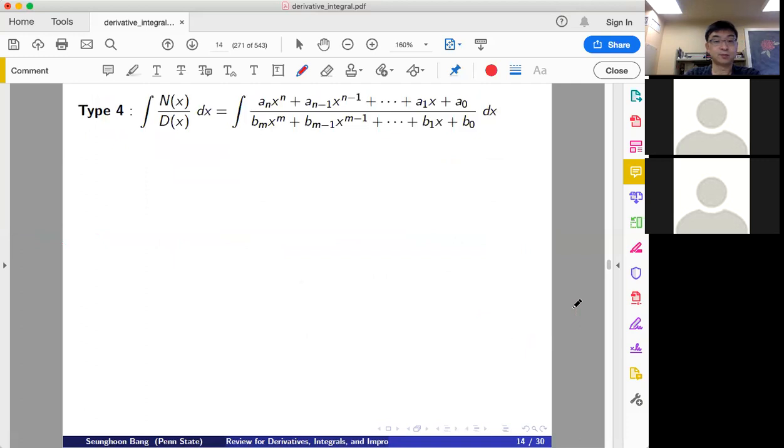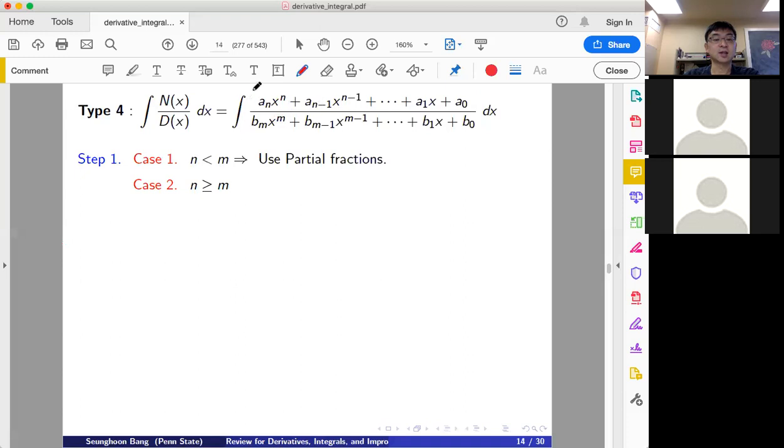Type 4. We have the integral of a polynomial over a polynomial. How can we solve it? Case 1: the top power is less than the bottom power. We use only partial fractions.